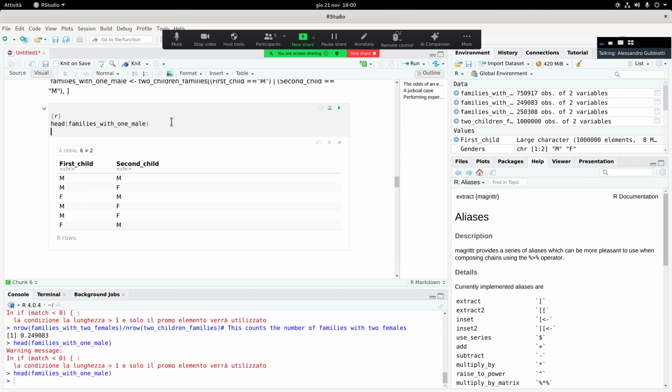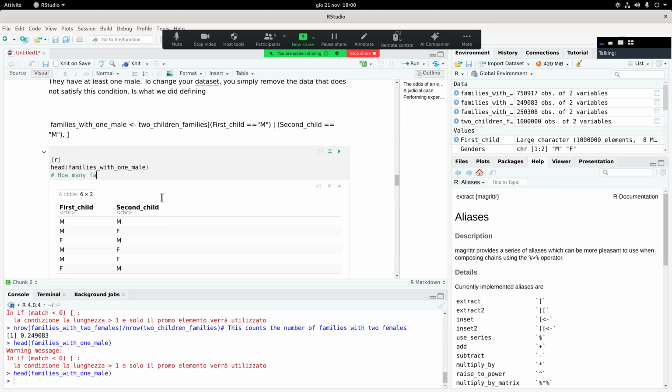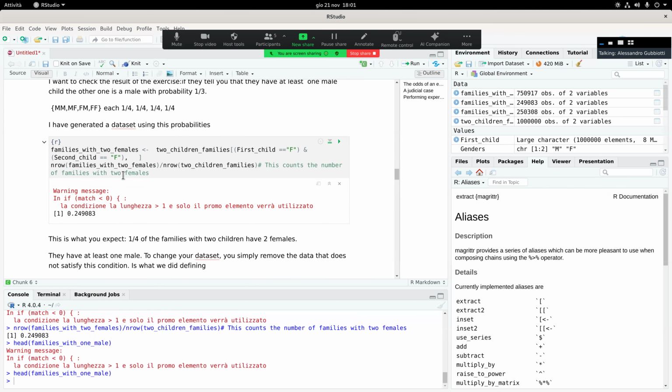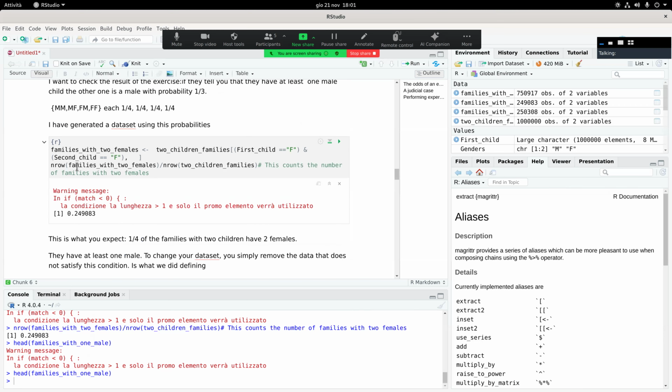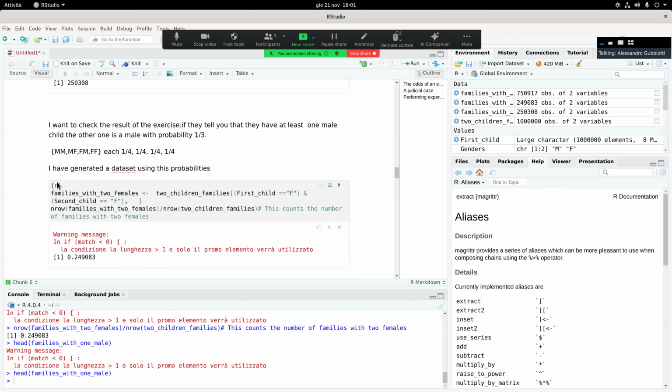We sample, we want to see how many families with 2 males there are.